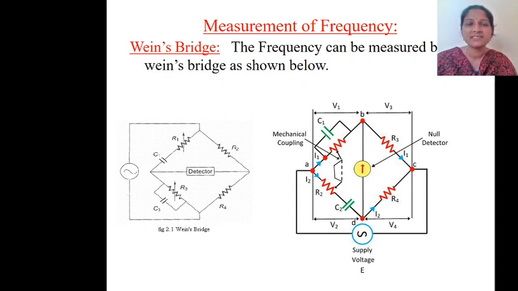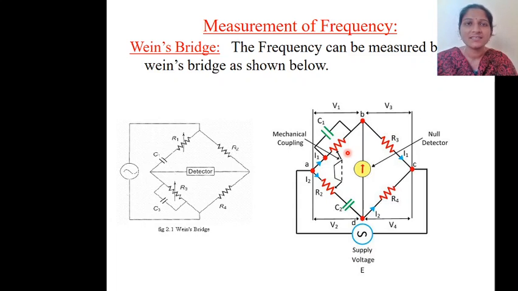The disadvantages are that it depends on the frequency and also on the harmonics. Because of that, it is difficult for the bridge to become balanced. And the advantage, apart from the disadvantages, is that this is the only bridge which can be used to measure the frequency.